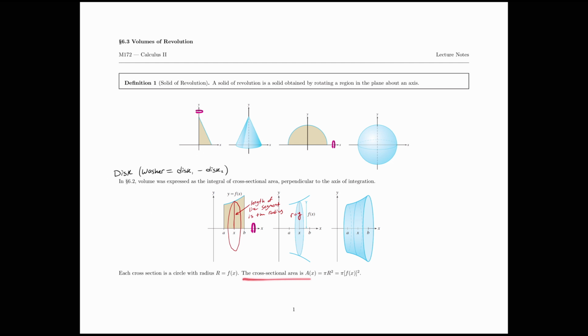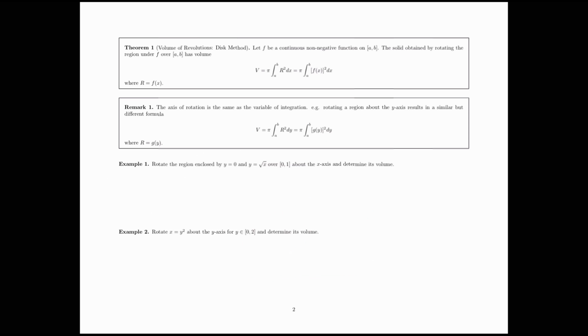That's exactly what we have here. So if we want to figure out the volume of such a thing, we would take our cross-sectional area and integrate it. So the constant was moved outside, but the area is pi times the radius squared, and we'd integrate from start to finish.